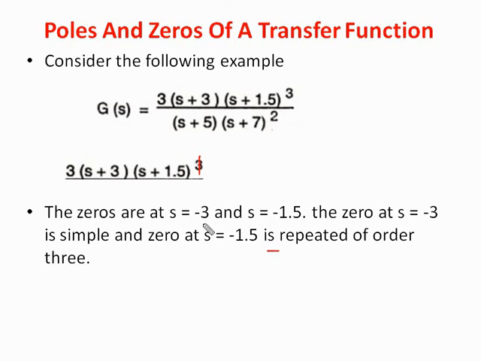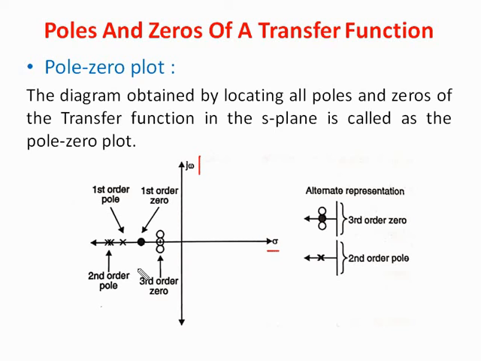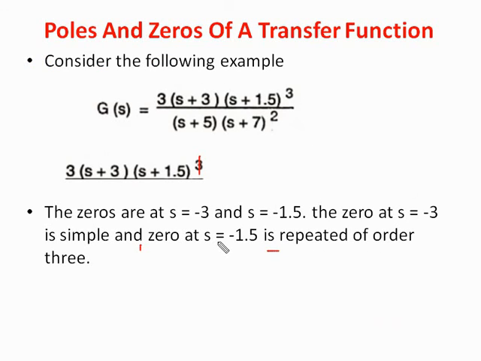So in this example, the zeros are s equal to -3 and s equal to -1.5. So s equal to -3 is on the negative real axis. If we consider -3, this is the zero, and it is first order because we obtain it only once. And s equal to -1.5 occurs 3 times.